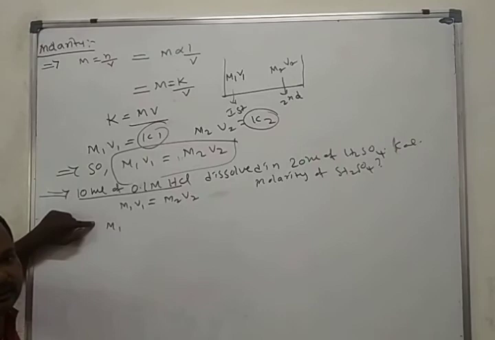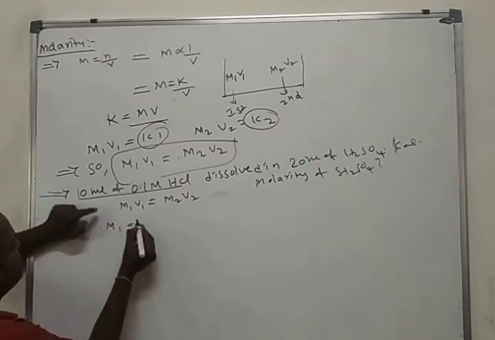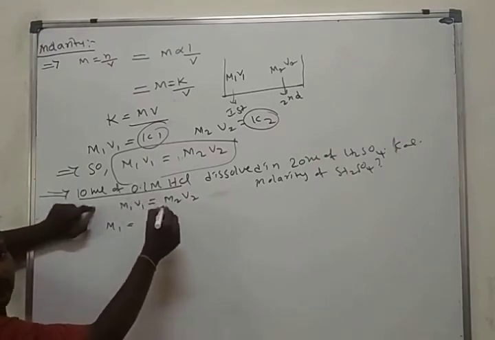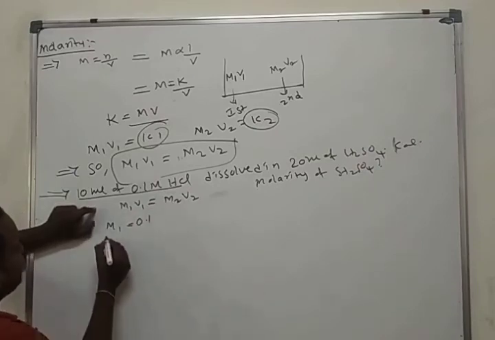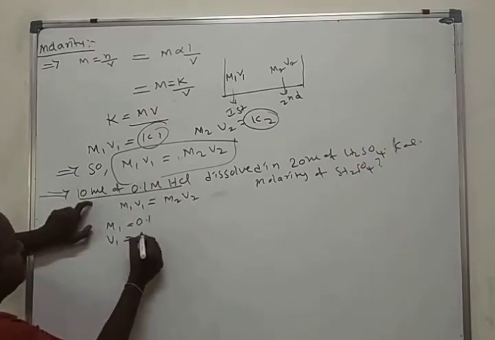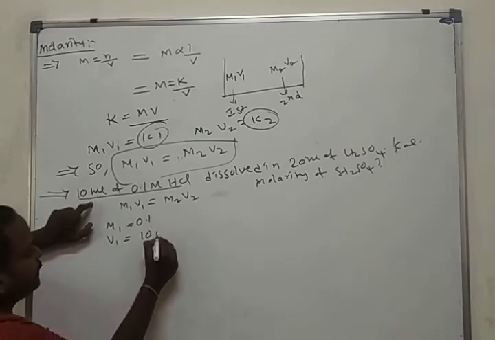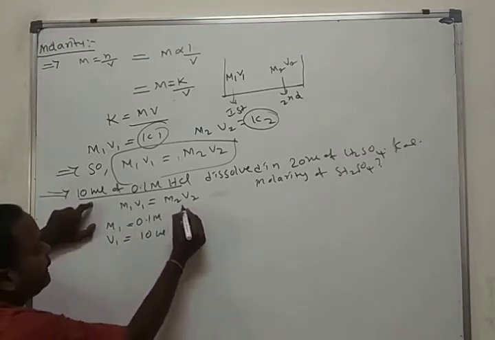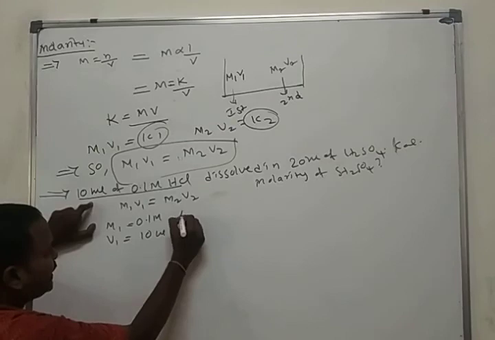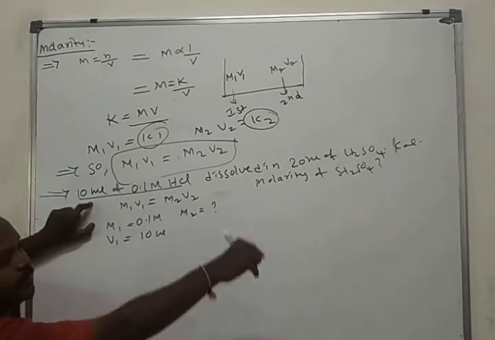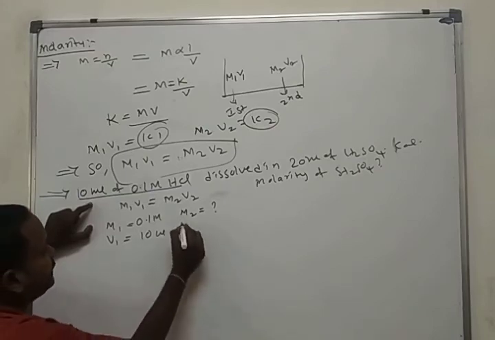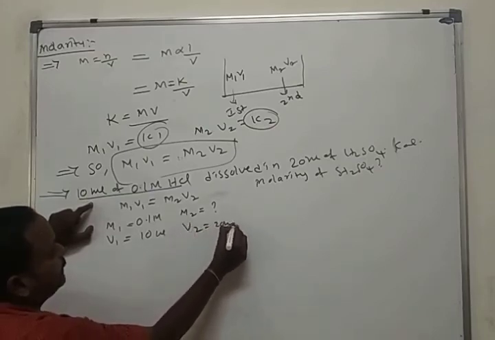M1, the molarity of hydrochloric acid, is 0.1. V1, the volume of hydrochloric acid, is 10 ml. M2 you have to calculate, the molarity of sulfuric acid. V2 is equal to 20.